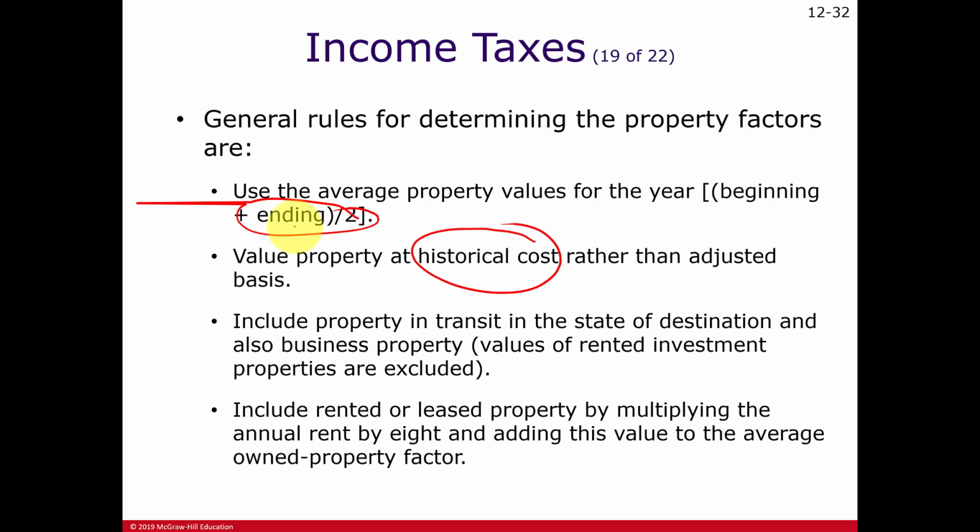If you lease property in a state, of course you don't own it, so it won't show up with any costs, but still you're going to assign a dollar amount to that leased property. Here it says to take the annual rent you pay and multiply by a factor of 8, and whatever that answer is added to the other costs, the average cost of property you own in that state.